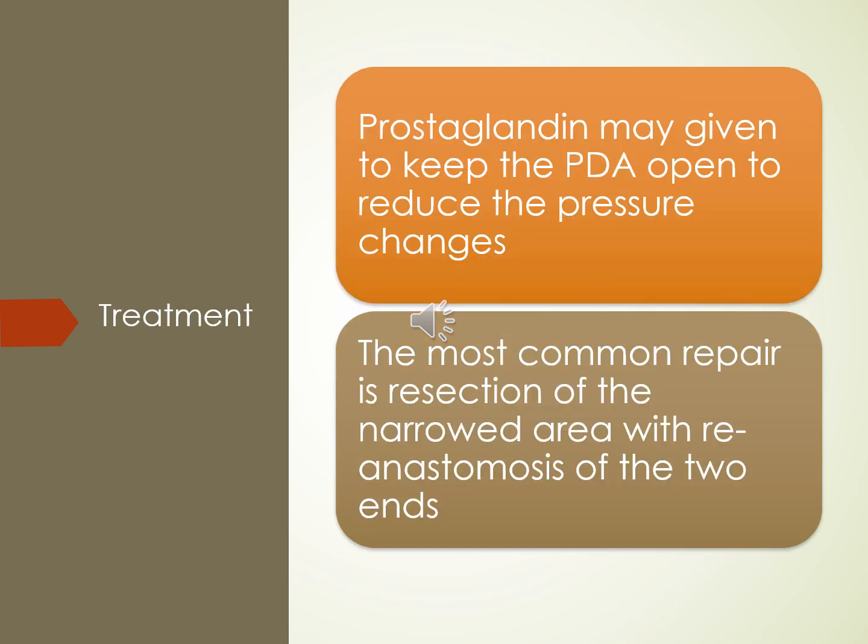All right, so how do we treat this? We have the prostaglandin that can be given to open the patent ductus arteriosus and reduce the pressure changes. But the most common repair is resection of the narrowed area with anastomosis of the two ends.